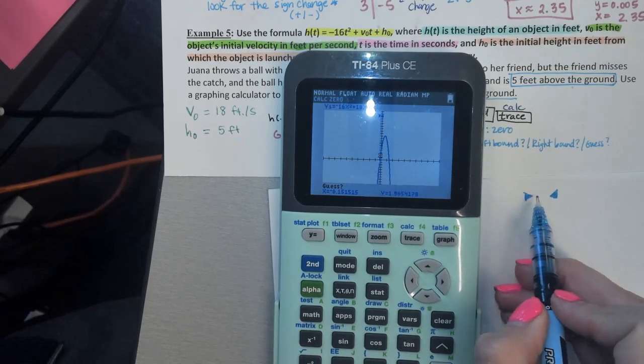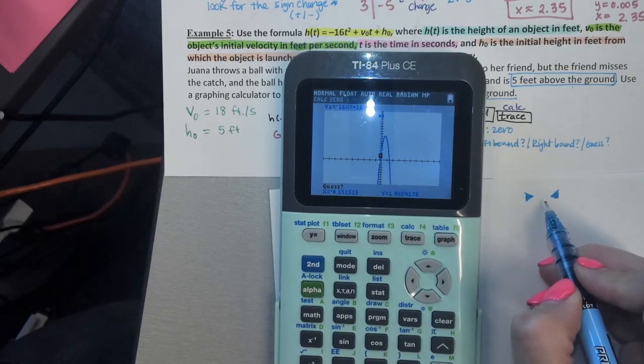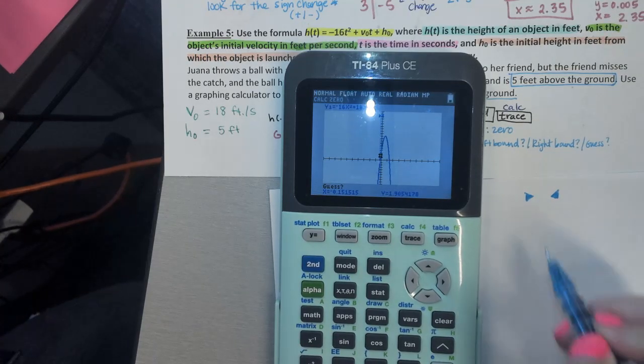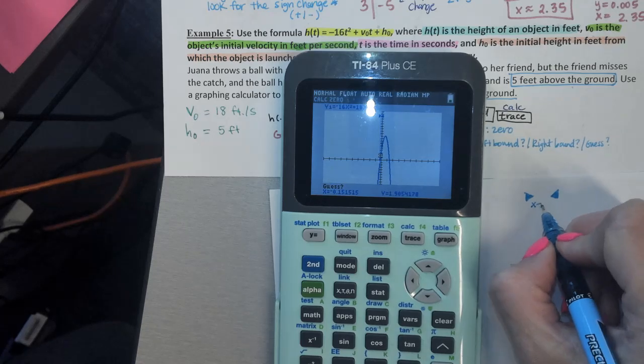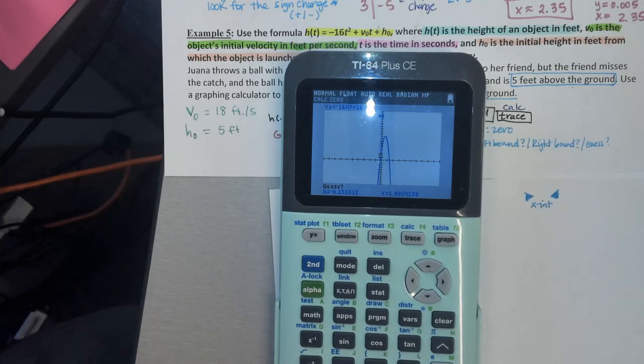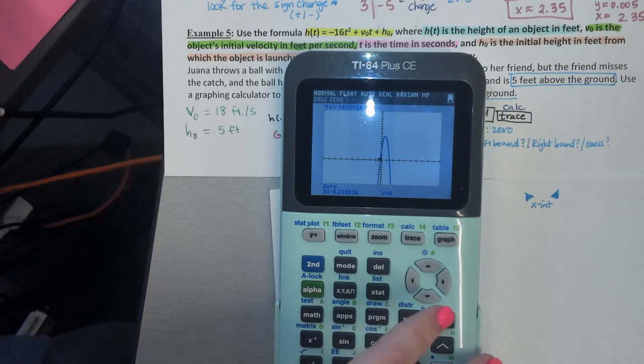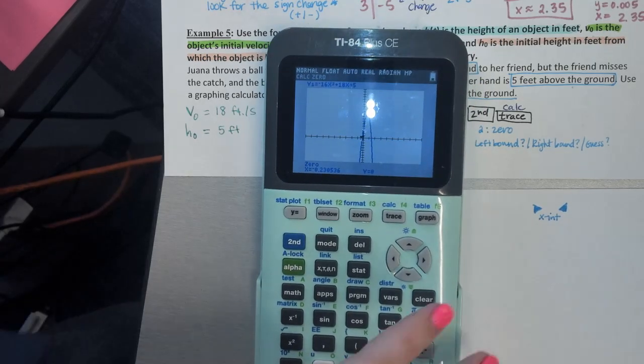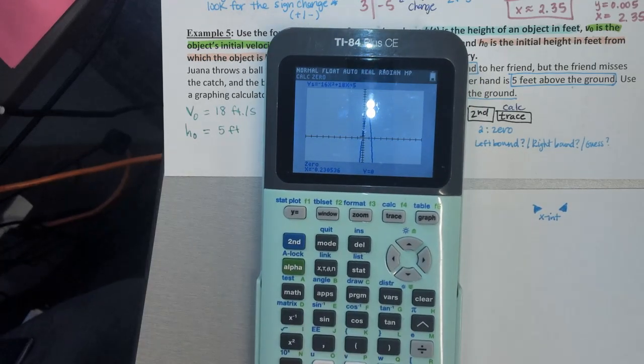You are telling it to find the x-intercept that's in between those 2 arrows. And it will do it, but you can't just hit enter 3 times, because I know some of you were doing that with your intersection. If you do it with this, it will give you an error.